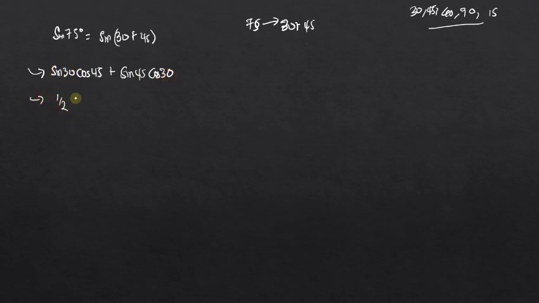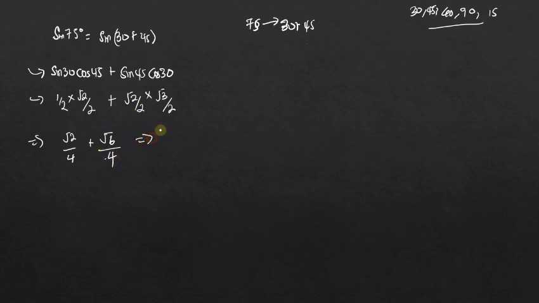Then we know that sine 30 is 1 over 2, and we also know that cos 45 is square root of 2 on 2. Plus, this will give us square root of 2 on 2, and this will give us square root of 3 on 2. When you multiply and add, you get this over 4 plus square root of 6 over 4.